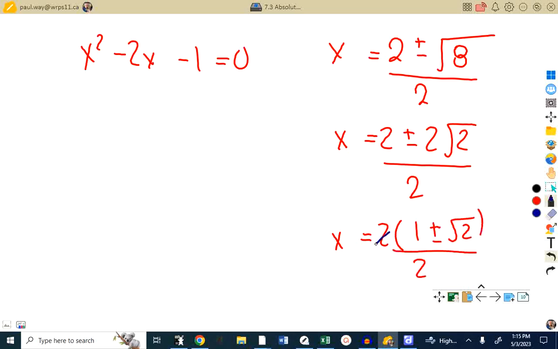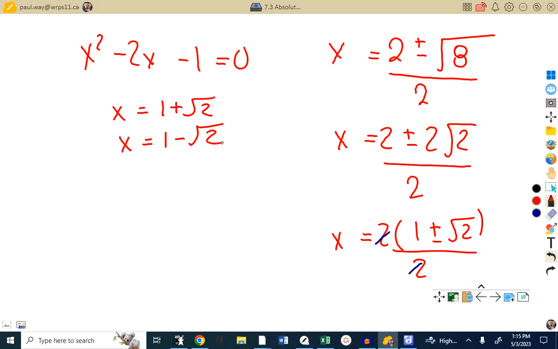We also know that these two 2's cancel. So what is the solution to case 1, the first equation? The solution is x equals 1 plus root 2 and x equals 1 minus root 2.